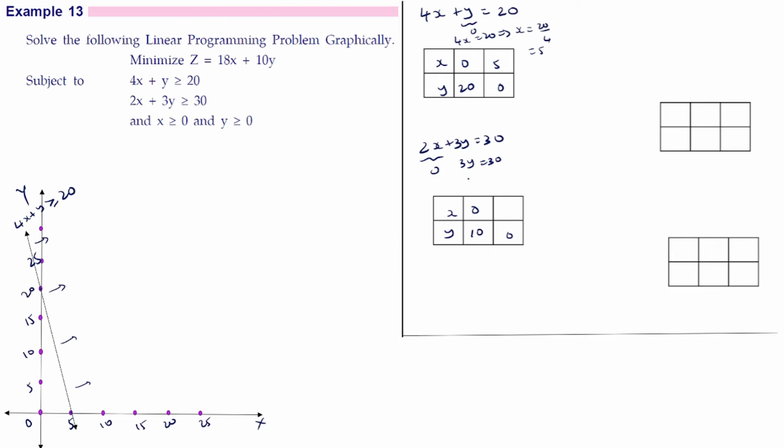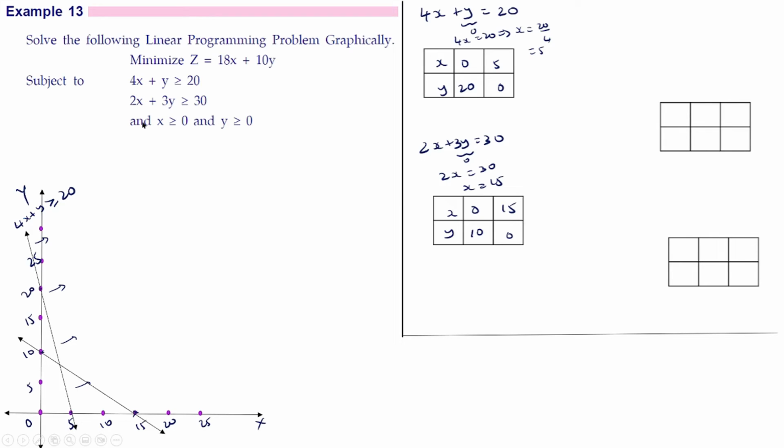And when y is 0, this part will be 0, we will have 2x equal to 30, in that case x will be 15. So the 2 points are 0, 10 and 15, 0. So this is 0, 10 and this is 15, 0. Let us draw a line joining these 2 points to get the equation 2x plus 3y equal to 30.